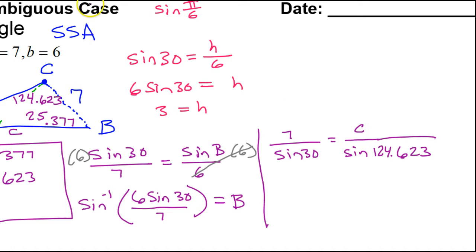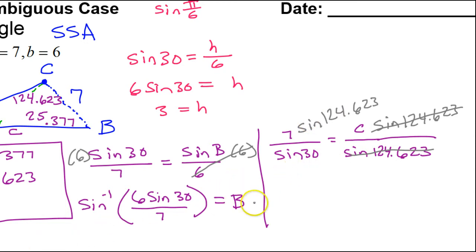Okay, if I want to get C by itself, what I have to do is multiply by sine 124.623 on both sides. Over here these will cancel each other out, and that will give me C. So I'm just going to put all this in my calculator.